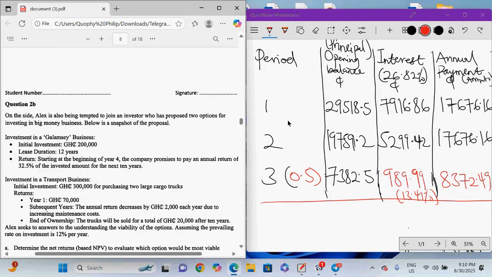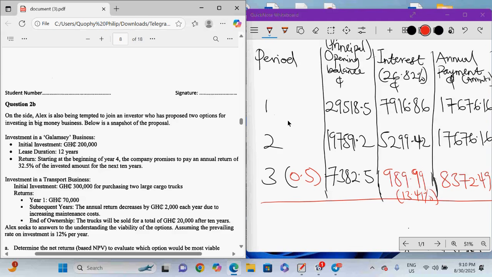2B. On the side, Alex is also being tempted to join an investor who has proposed 2 options for investing in big money business.